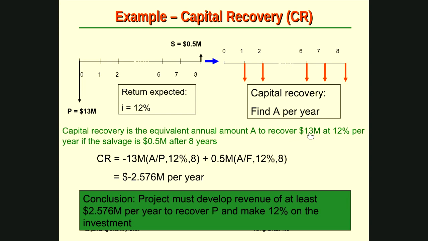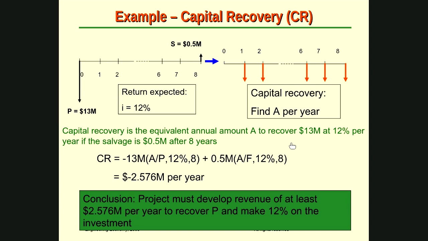So if we go back to the formula of the capital recovery, imagine this question included an annual operating cost of 300,000 per year and asked you to find the capital recovery.